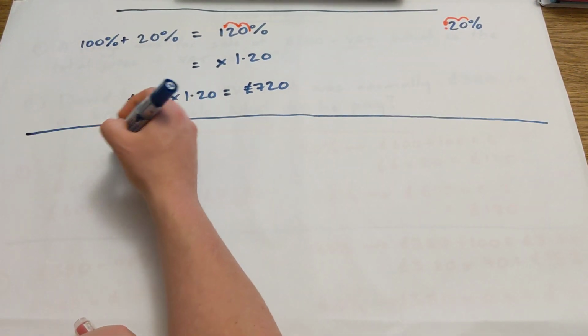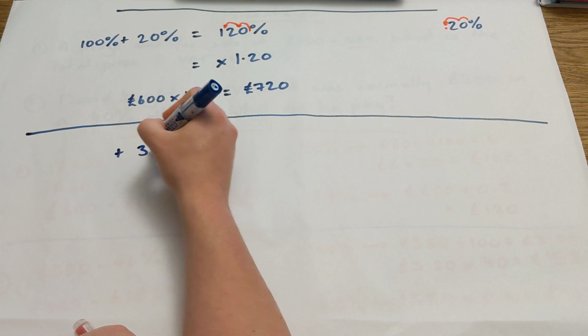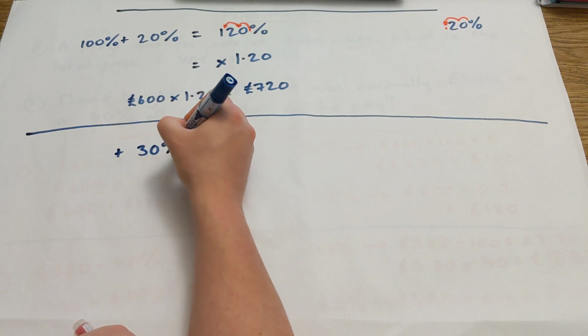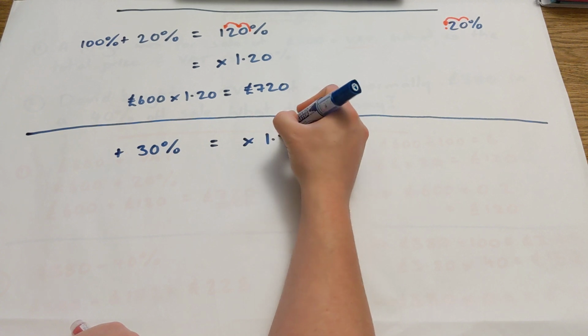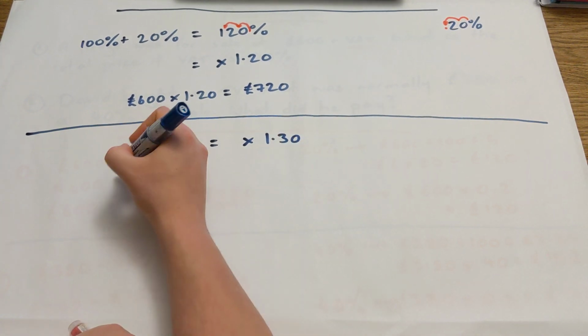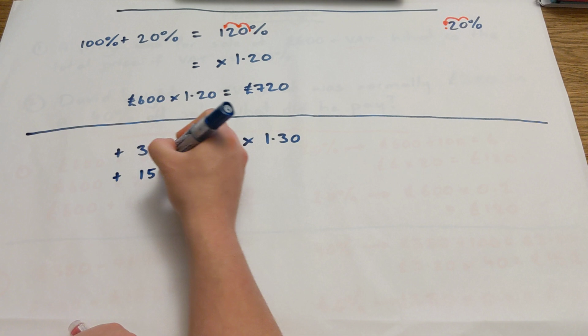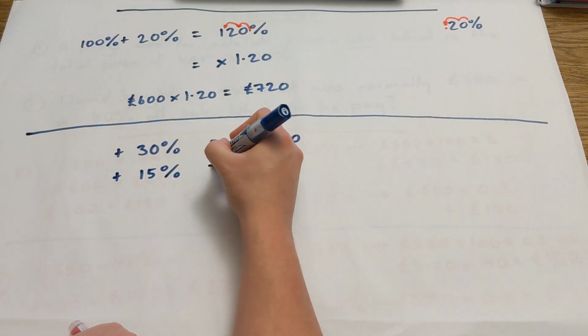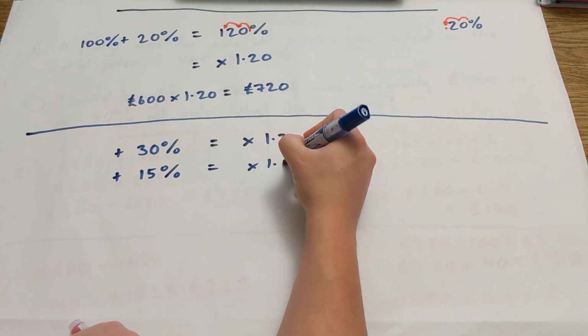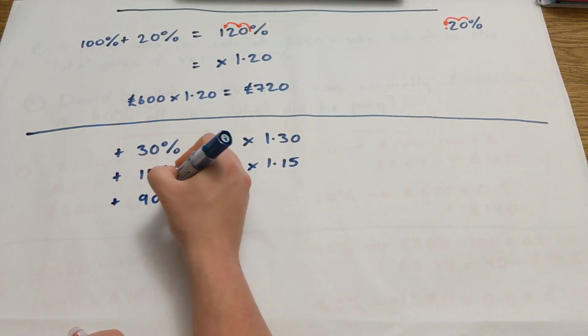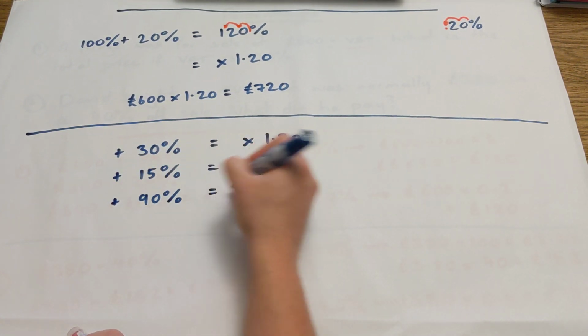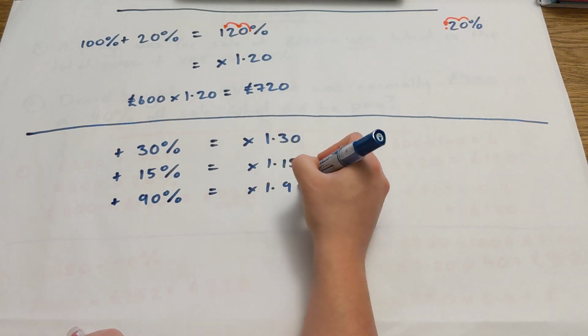If I was adding 30% to the original price, I would times that by 1.30. If I was adding 15%, I would times that by 1.15. If I was adding 90%, I would times that by 1.90.